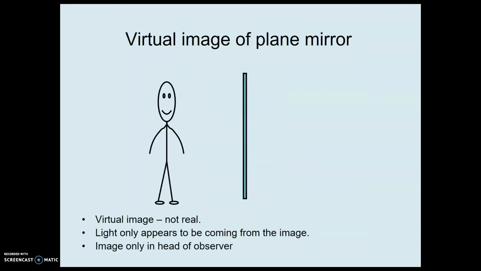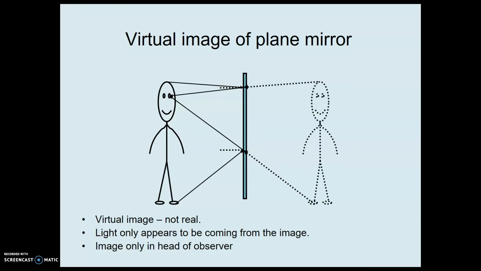Consider a person looking at a full-length mirror. The ray that reflects off the top of the head that he can see travels like that, and the one from his foot travels like that. Because we've learned to interpret light as traveling in straight lines, his brain perceives the image to be an equal distance behind the mirror.